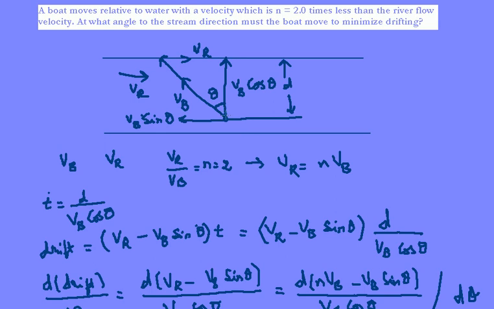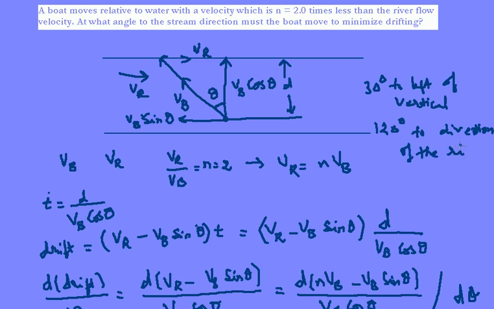So the boat should move at an angle of 30 degrees to the left of vertical, or 120 degrees to the direction of the stream of the river. So that's how we end the problem.